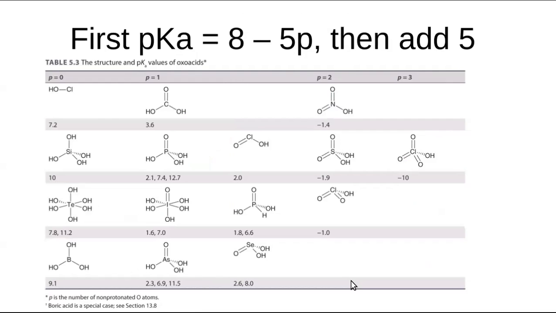When it comes to bases, the simple rule is that higher charge is stronger base, and there are not so many highly charged bases. Suppose you have OH minus, but if you compare it to O2 minus, then the higher charged version is at least 10 orders of magnitude stronger base.